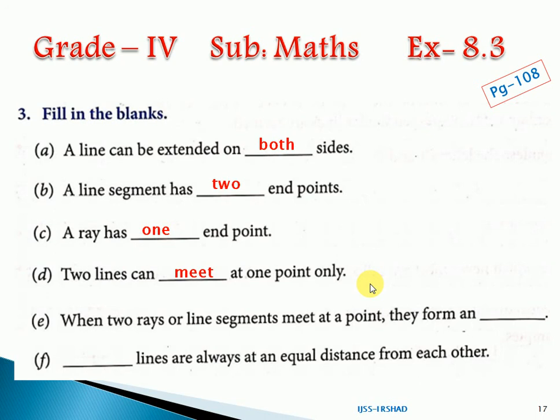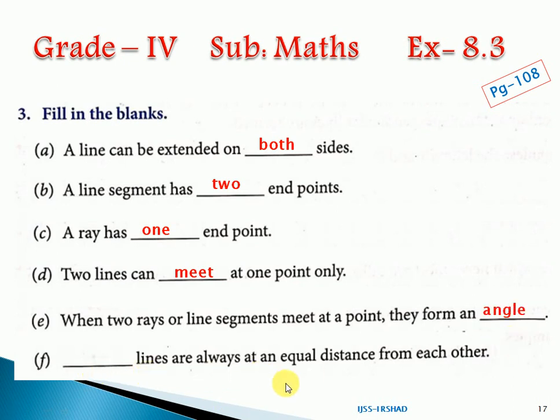Two lines cannot meet at 2 or 3 points. If they meet or cross, they meet at 1 point only. When two rays or line segments meet at a point, they form an angle.